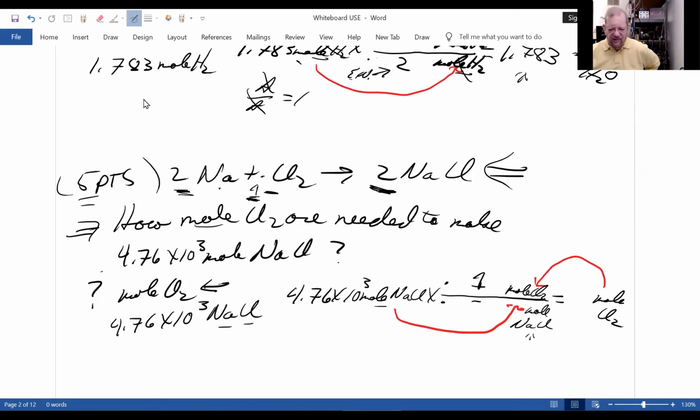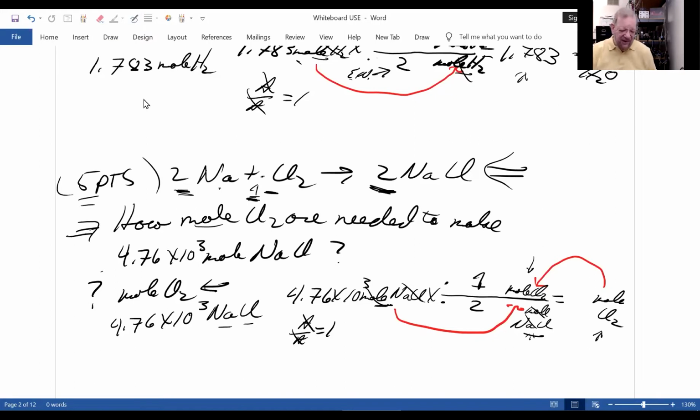2. And now before I pick up my calculator, I'll say, do my units cancel out so I get the right answer? And the answer is moles of sodium chloride divided by moles of sodium chloride. Remember, anything divided by itself equals the number 1, cancels out. And yes, I get what I want.